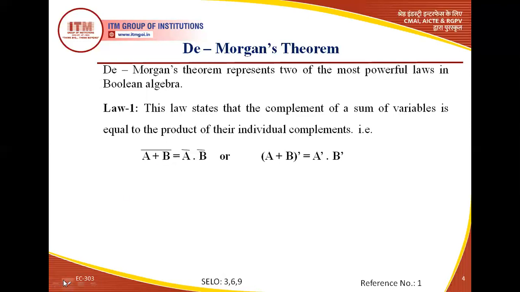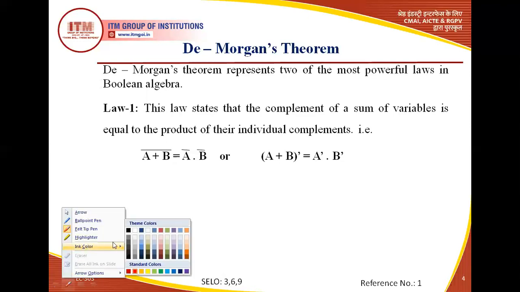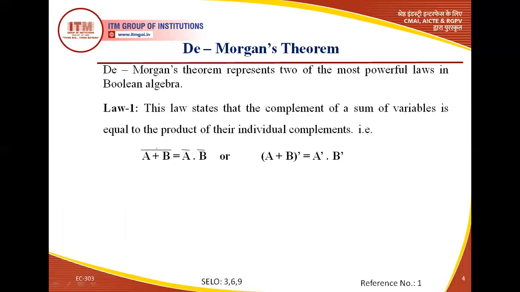Sometimes it is also called "break the line, change the sign", which means if we break that line and change the sign, plus will be changed to dot. So De Morgan's theorem can also be stated as break the line, change the sign. That means (a plus b) whole bar equals a bar dot b bar. That is the first law of De Morgan's theorem.